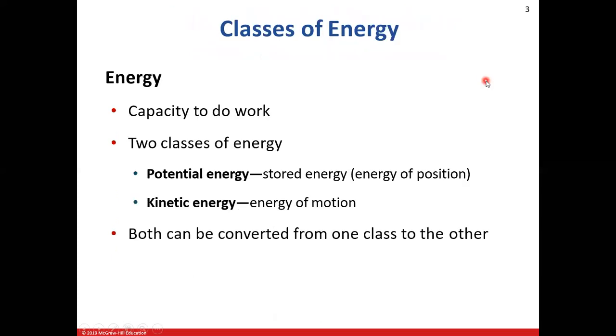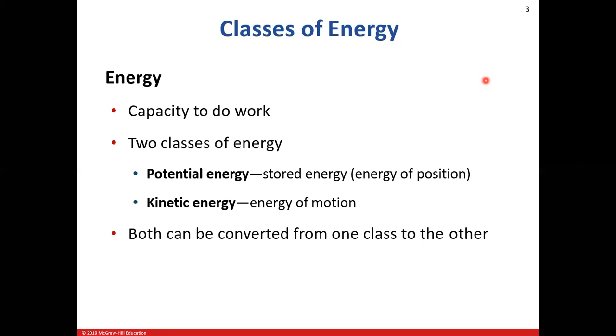So what is energy in particular? Well, energy is simply put the capacity to do work. Now there are two different classes of energy that we'll really talk about. One is potential energy, which is stored energy, so it's energy of position. You can look at the name: it has the potential to do work.